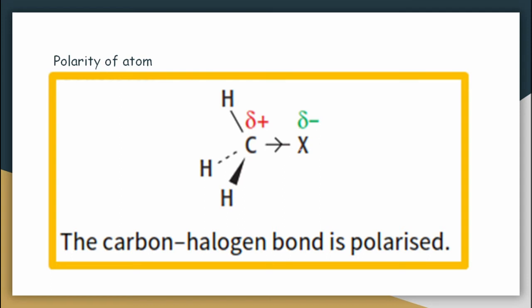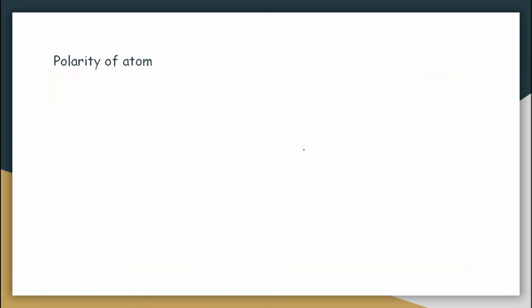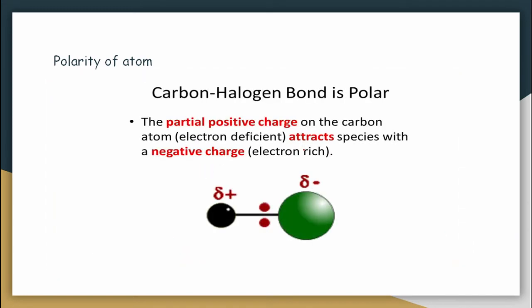So these are delta positive, delta negative. That partial positive charge on the carbon atom attracts species with a negative charge, so electron rich species.